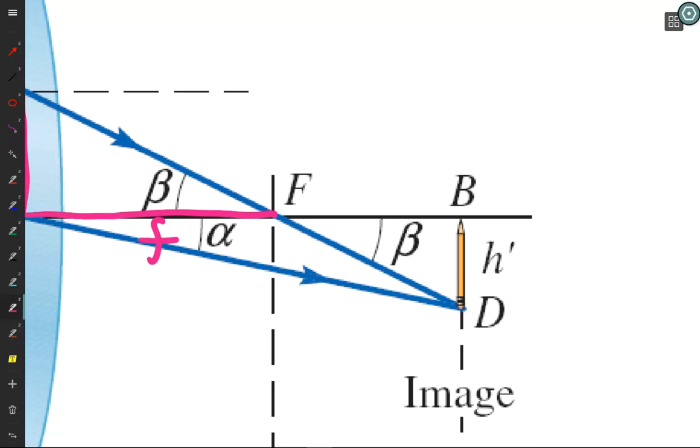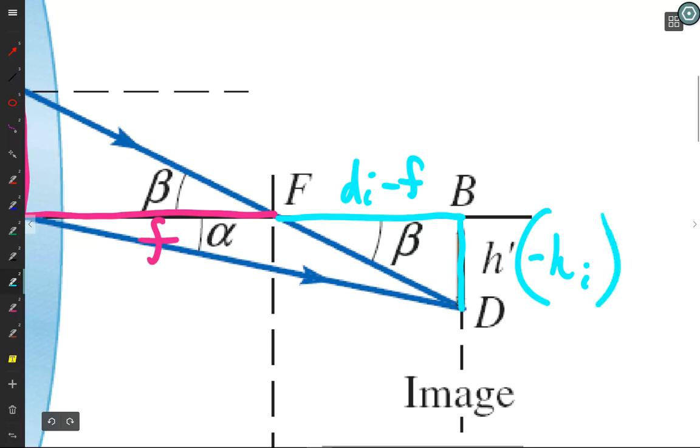And then the next one is going to be this here, which is distance image minus focal length. And this here, which is going to be, I'm going to put minus h prime or minus h image here. The reason I put the minus sign with it is because it's inverted.